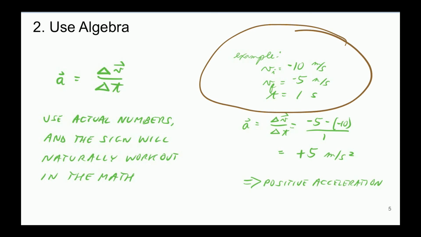And when I did all the math, I found out I had positive acceleration. And this is something that was slowing down. I can see the magnitude of my velocity was reduced. Try a few different ones and convince yourself that the algebra requires the acceleration rules to be what they are, plus and minus.